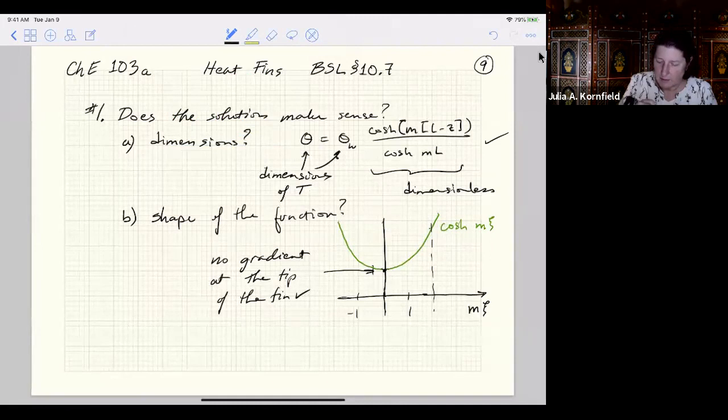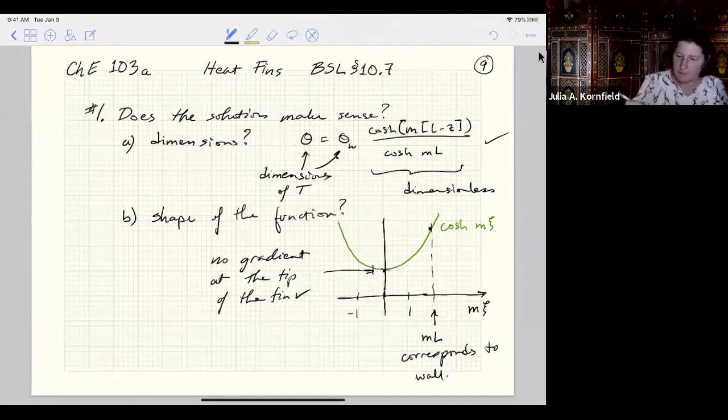This would be at mL, which corresponds to the wall. And the wall is hot. And sure enough, this is higher. That's good. And steeper. Okay. So it gets steeper and steeper as it goes out. That's okay. That also makes sense.